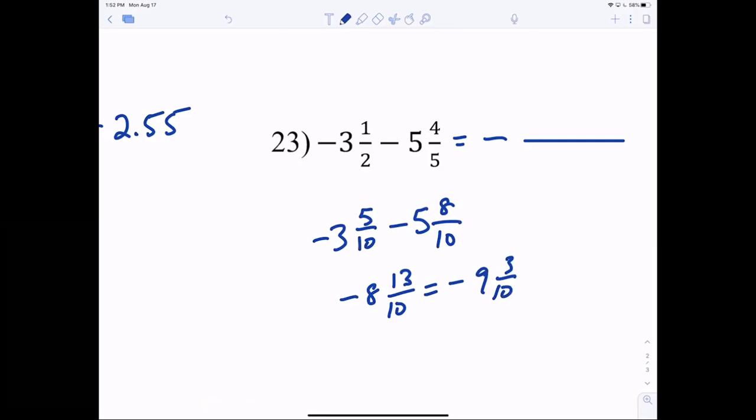That's just easier. If you do it improper, the numbers become so big and so annoying. I don't feel like doing that. That's the one time where I say mixed fractions are better. Now look, guys, I'm really expecting you to be able to say that was simple. If not, you need to seriously get your hand up and let me review with you. All right, anybody have any questions?